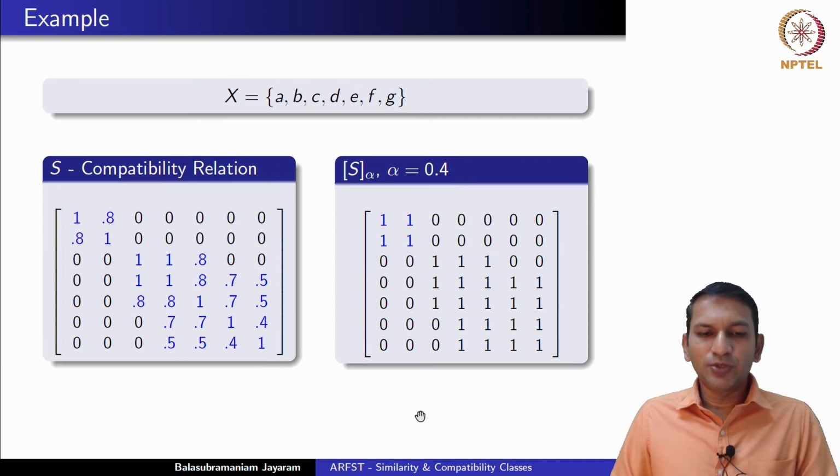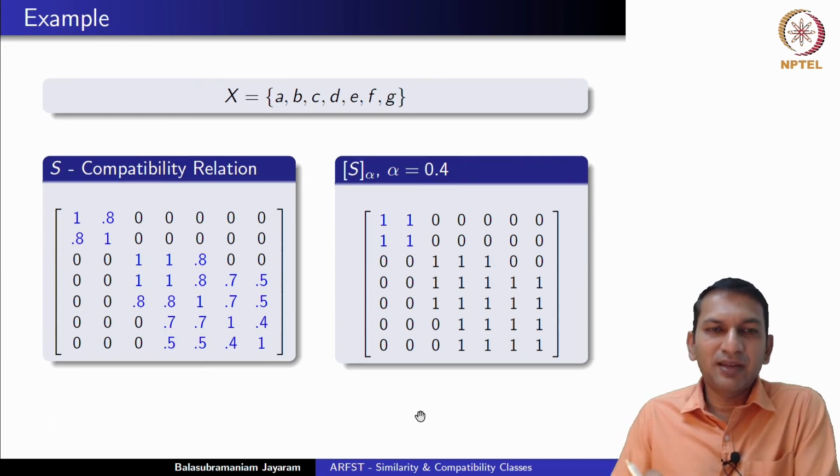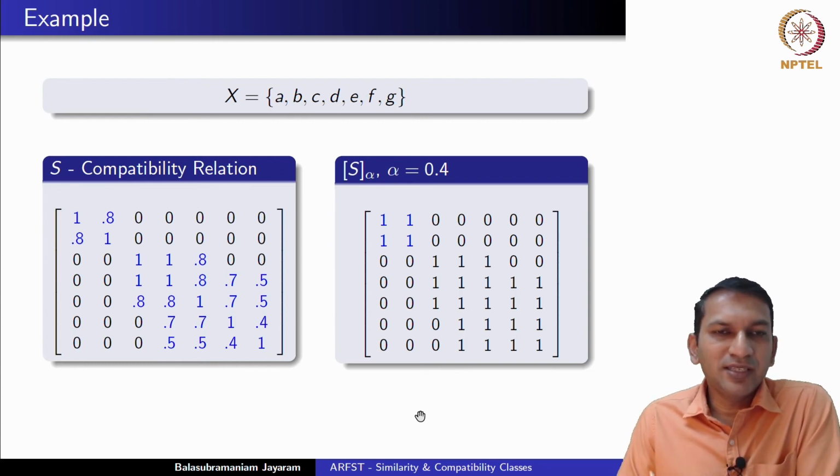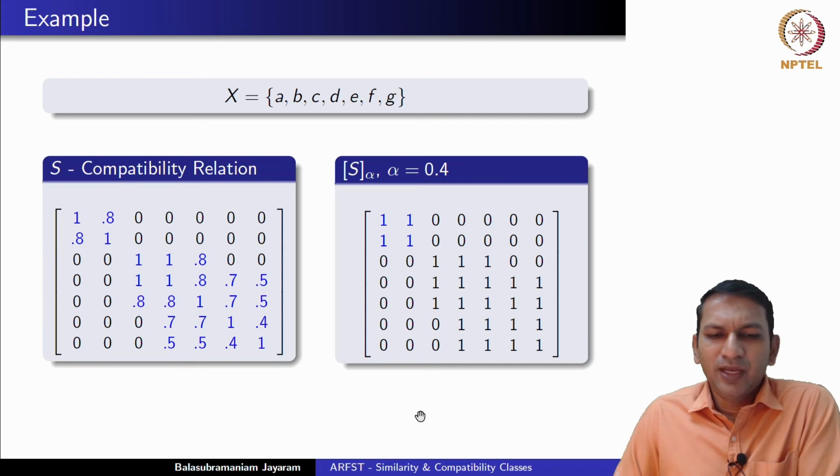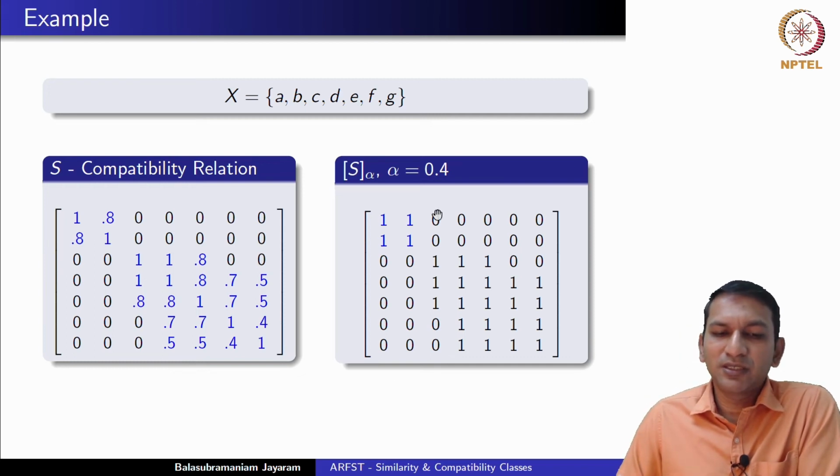Of course, you see here, A, B are related to each other to degree 0.4 and nobody else. So in that sense, they appear like an equivalence class. Because remember, equivalence class means that if X is related to Y, then X should be related to every element that Y is related to, and in turn, Y should be related to every element that X is related to. It appears that that happens with these two elements A, B.